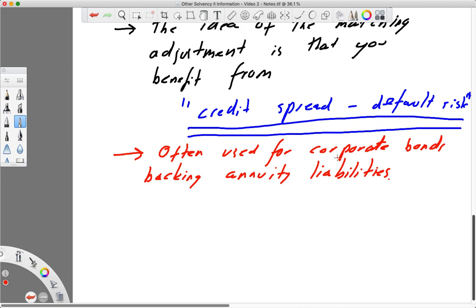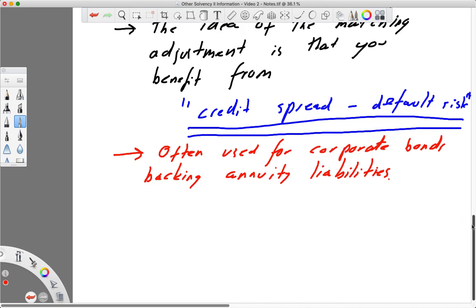And so the regulations are saying that it is okay to get credit for that. And so it is okay for you to end up effectively reducing the amount of capital that you have to hold, because those corporate bonds are going to give you more income than gilts would. So you don't need to hold as much money now. You're going to get more money in the future in some sense.